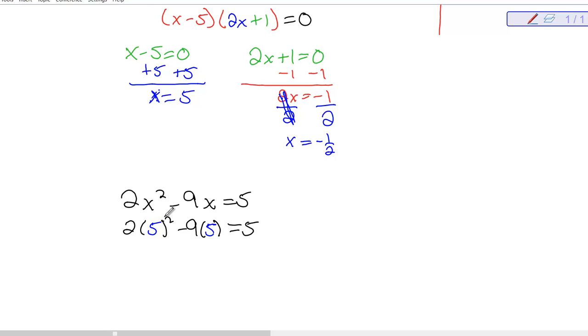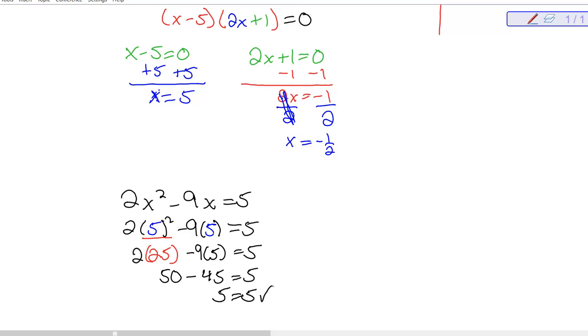So let's see here. I've got to do my exponents first. So 5 squared gives me 25. And that's times 2 minus 9 times 5 is equal to 5. 2 times 25 is 50. 9 times 5 is 45. And then 50 minus 45 is 5. So x equal 5 does work.